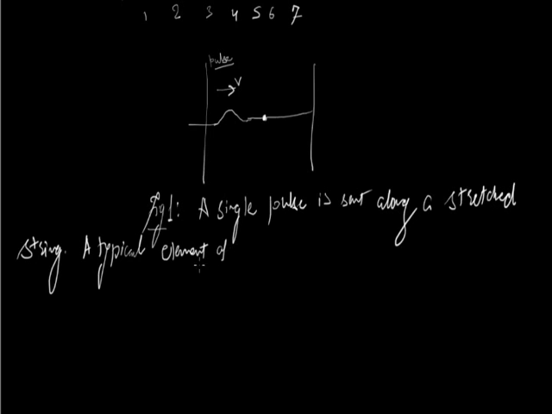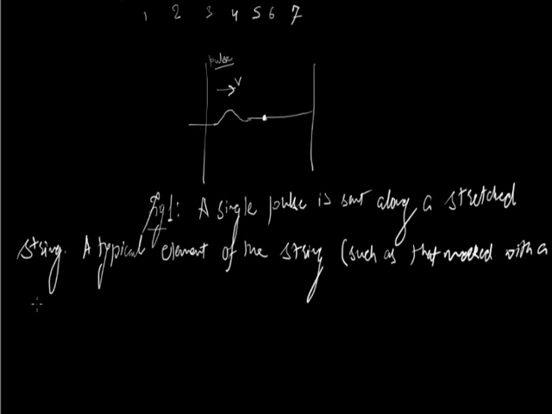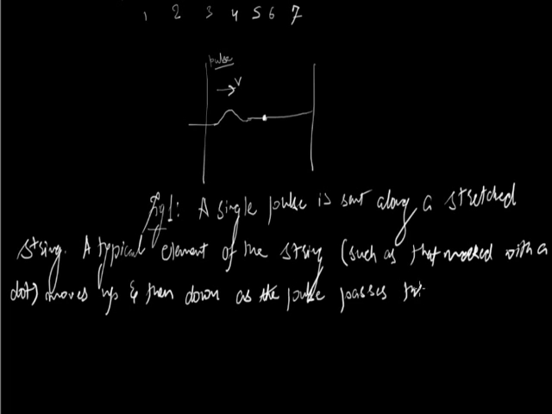A typical element of the string, such as that marked with a dot, moves up and then down as the pulse passes through.